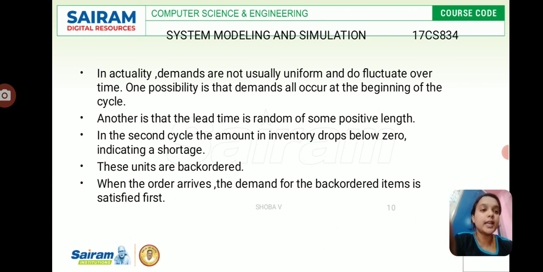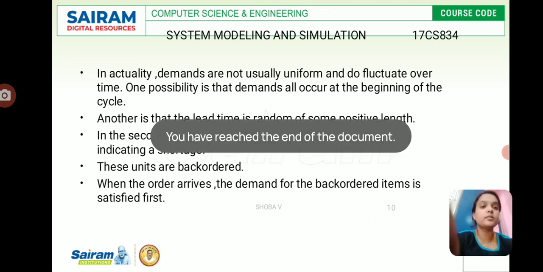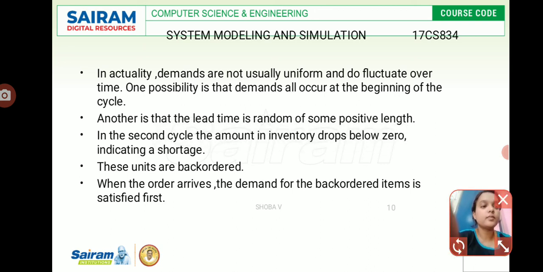In the second cycle, the amount in inventory drops below 0, indicating a shortage. Another random quantity is lead time of some positive length, based on the strategy. These units are back ordered. When the order arrives, the demand for back-ordered items is satisfied first, and so on. Thank you.